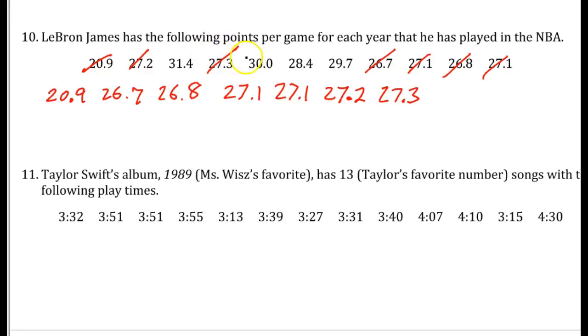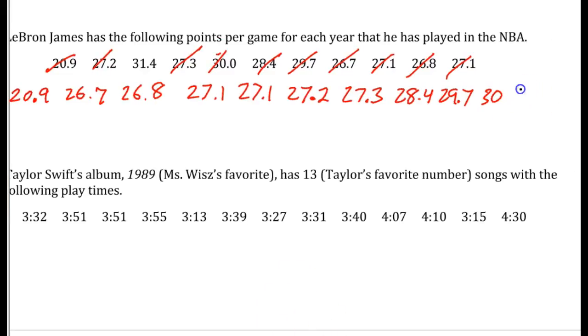And then 28.4. 29.7. 30. Then we have 31.4. 31.4. Okay, so I got them all in order.